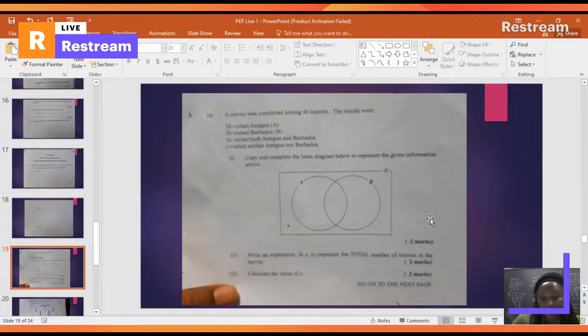Now for the last part, which wants us to find the value of x, we simply make that expression equal to the total, 40. So 58 minus 2x is equal to 40. Therefore, x is equal to 18 divided by 2, which is 9.